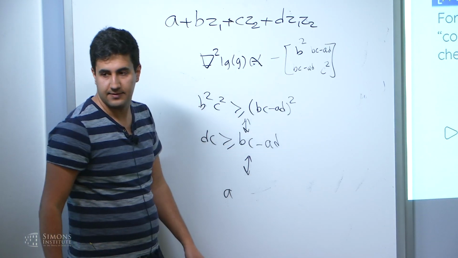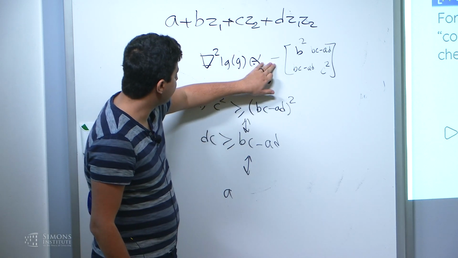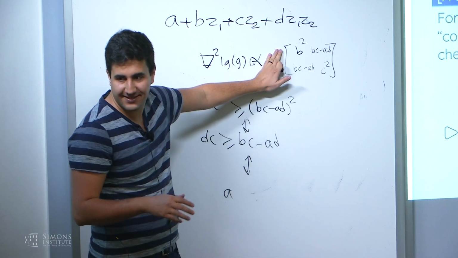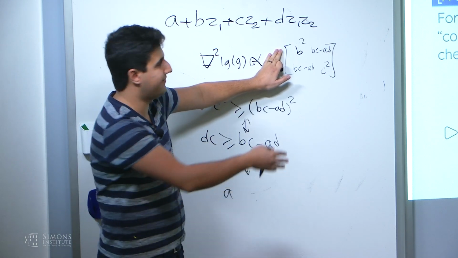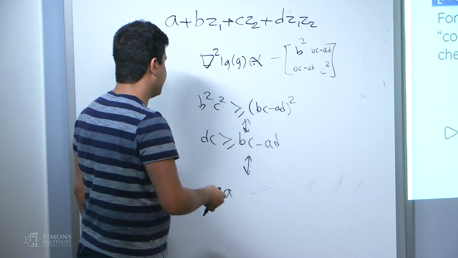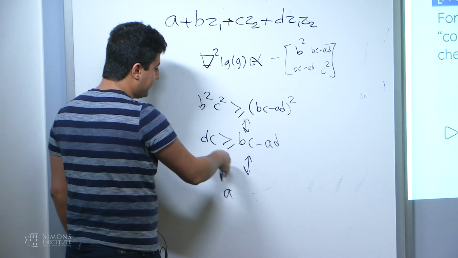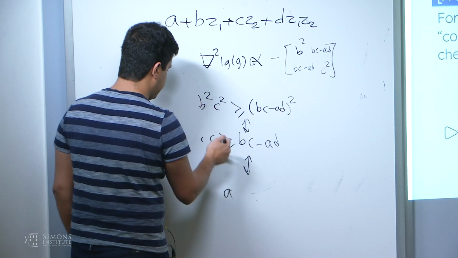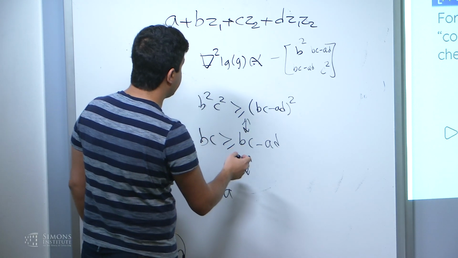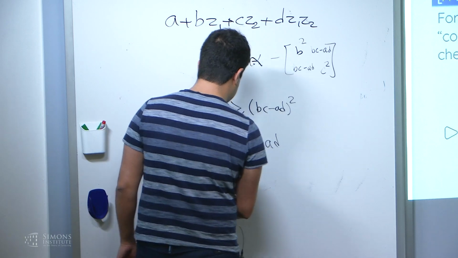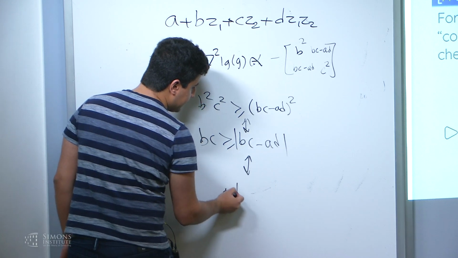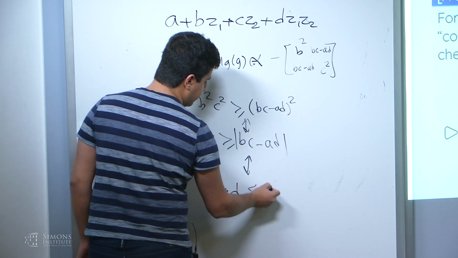If you're talking about the negative of this matrix, the trace is negative. If you're talking about this matrix without the negative sign, the trace is positive, and you want both eigenvalues to be positive, so that when you negate it, the whole thing becomes negative semi-definite. So again, you can just check the determinant, and you get bc bigger than bc minus ad. And you can also check that ad has to be less than the absolute value of bc minus ad. And this is equivalent to basically ad being less than twice bc.